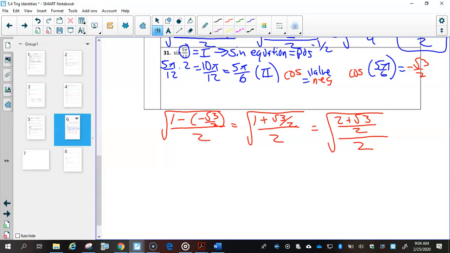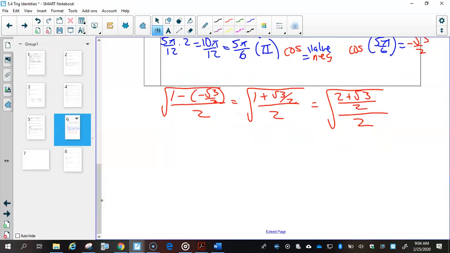Now, once you see that the patterns are kind of the same, you can skip some of these steps. So if you know that this would become this, that's fine. Or if you know that this would become this over 4, you could skip that intermediate step. But just be careful because sometimes skipping steps makes you mess up.